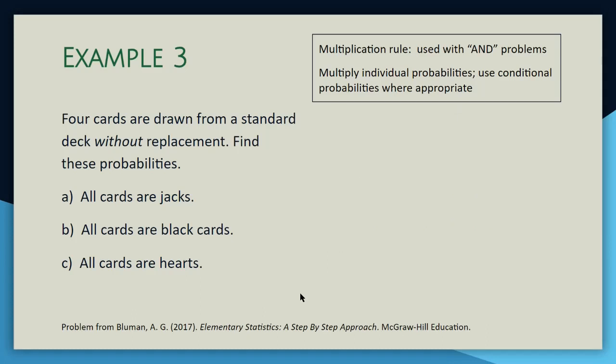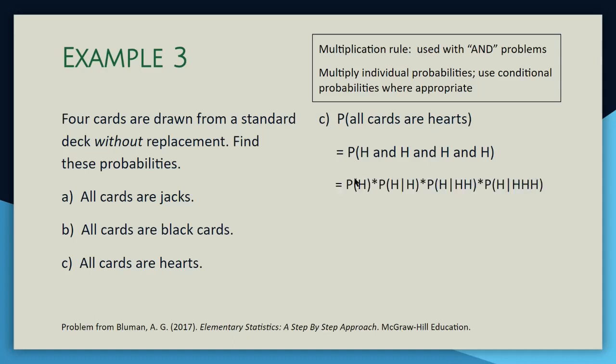For the last one, similar idea. All cards are hearts. The difference here is we're looking at a suit, hearts, and we know that a suit has 13 cards. So that first probability is going to be 13 out of 52.